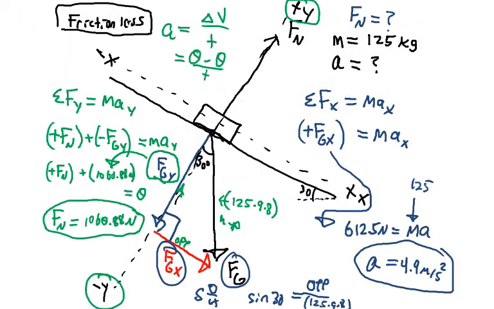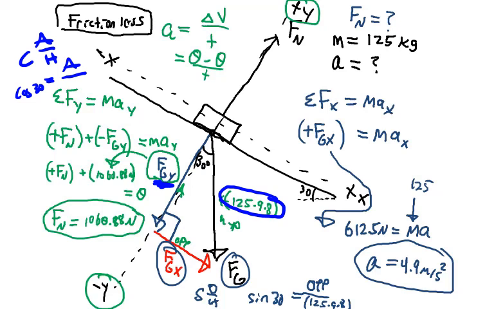Okay, so the force of gravity in the y here is the adjacent side, and we can use the cosine. Cosine is adjacent over the hypotenuse, so cosine of 30 equals the adjacent side, which is FGY, over the hypotenuse, which is mg, which is 125 times 9.8, because that's the mass.